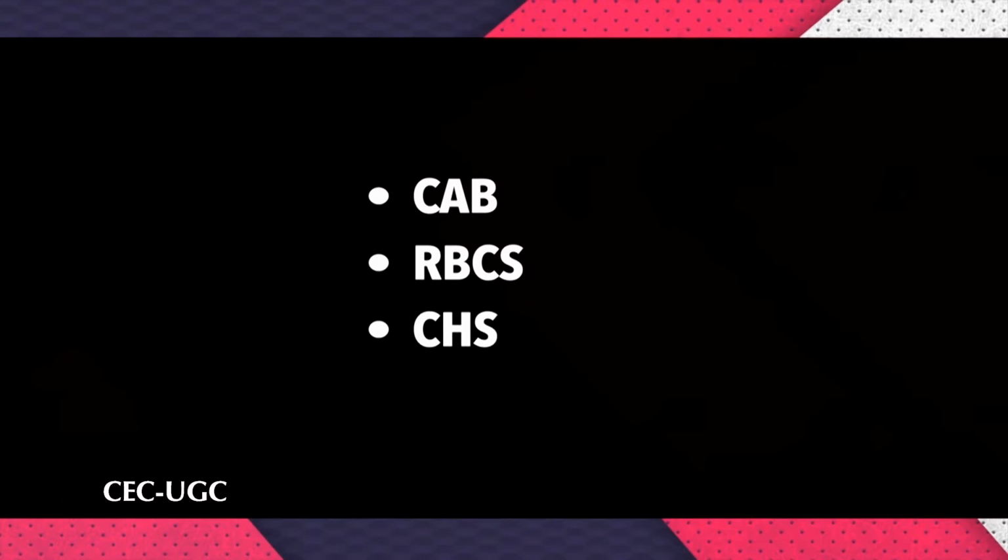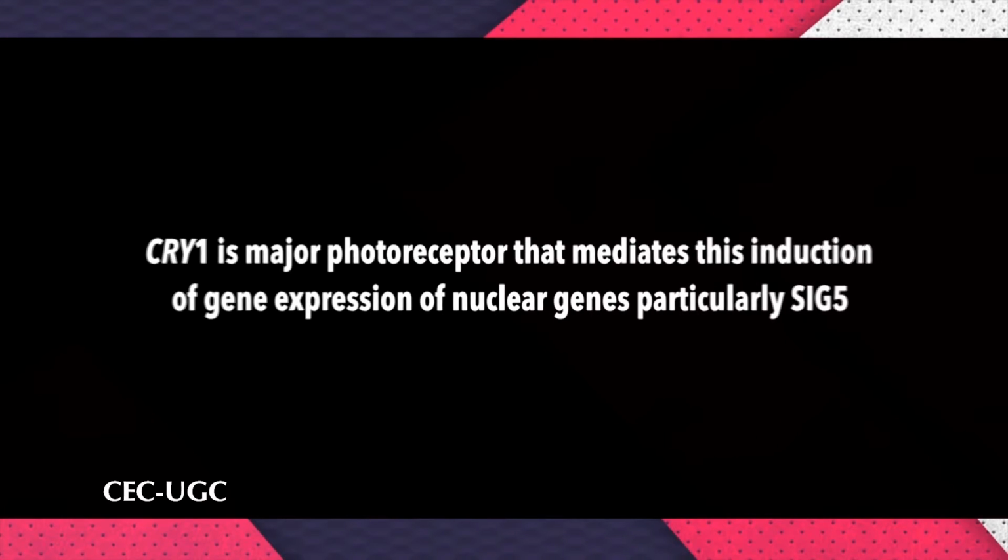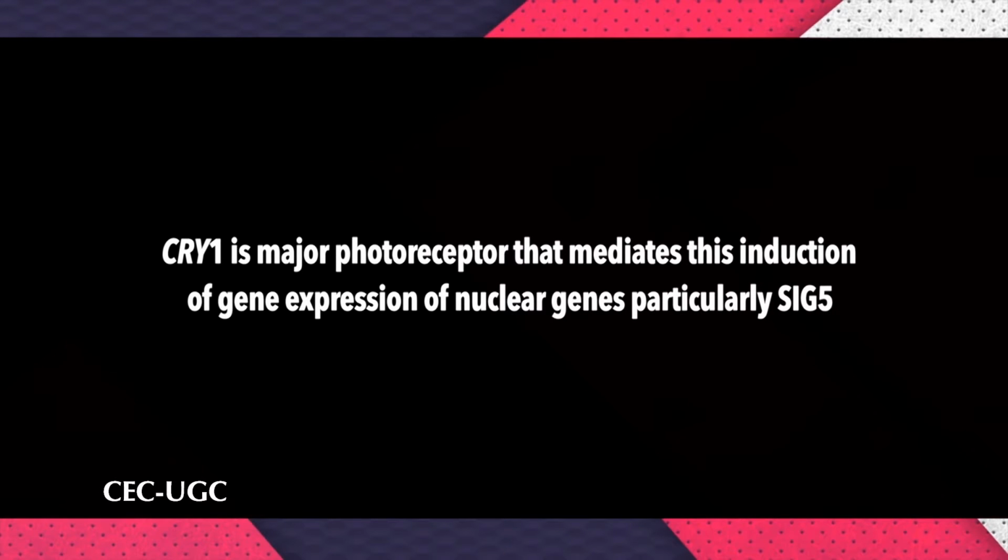Some of these genes include CAB, RBCS, and CHS, which also form components of the plastid transcriptional apparatus. CRY1 is the major photoreceptor that mediates this induction of gene expression of nuclear genes, particularly SIG5.